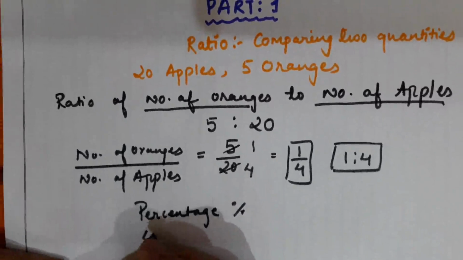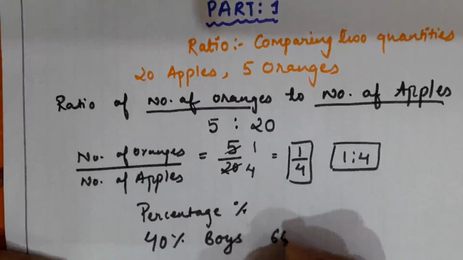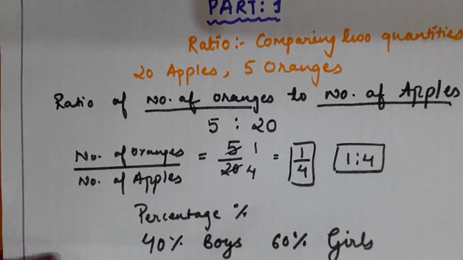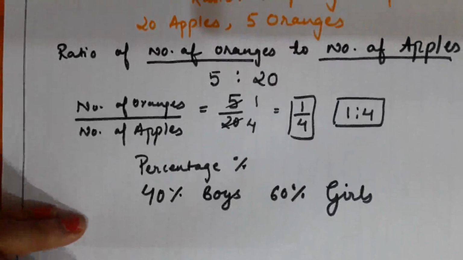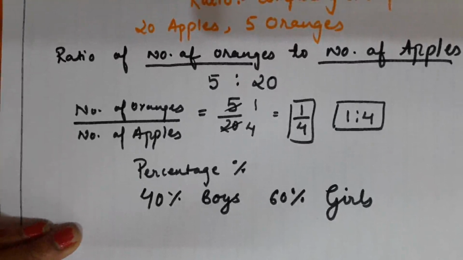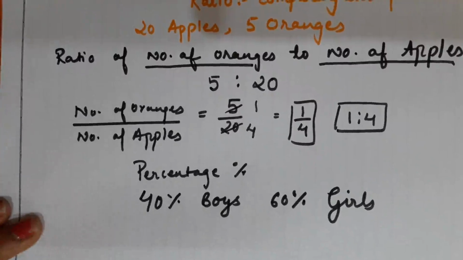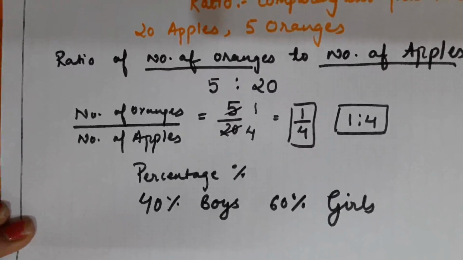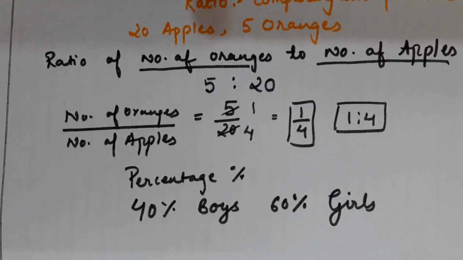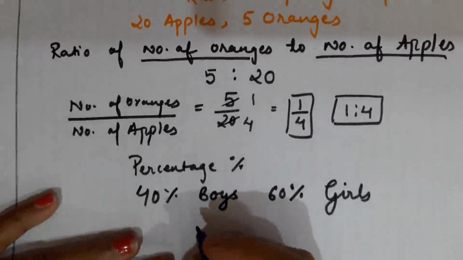Suppose we have 40% boys in the class and 60% girls in the class, and we need to find the ratio of this. You can easily write 40 ratio 60.